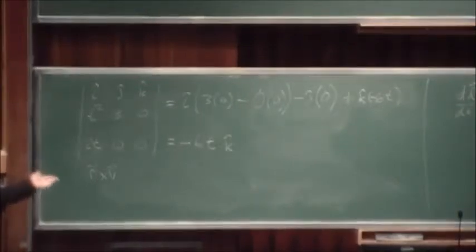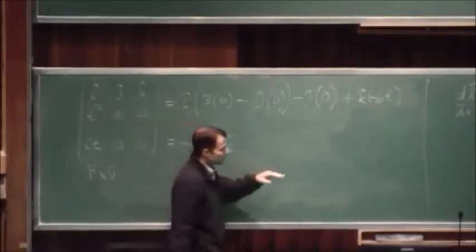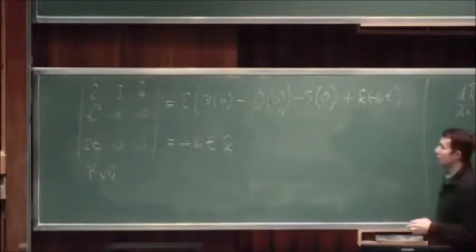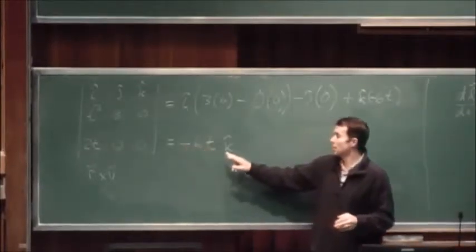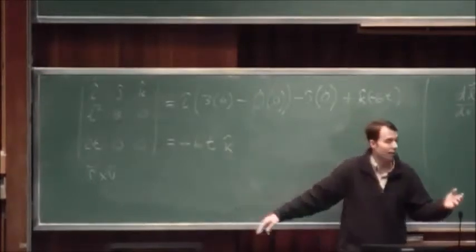Now, is this what we would expect? Well, let's think about the direction. In a right-handed XYZ coordinate system, I have X along here, Y along here, and then I have Z coming out of the board. So what we would expect is that this is going to be along the negative Z axis, right?